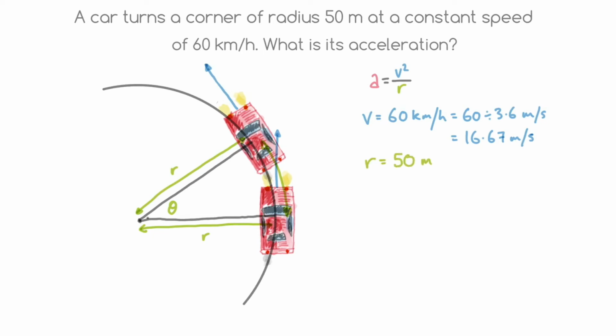The radius, given from the center of the circle to the outer circle, is 50 meters. Plugging this in, a equals 16.67 squared divided by 50. This gives us an acceleration of 5.56 meters per second squared, which is roughly 50-60% of the acceleration due to gravity.